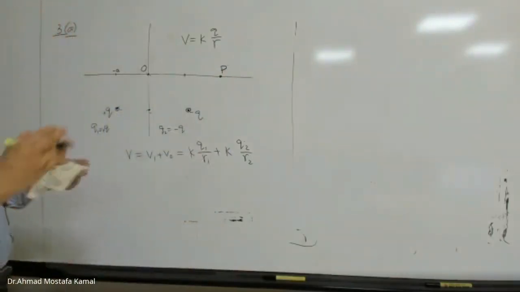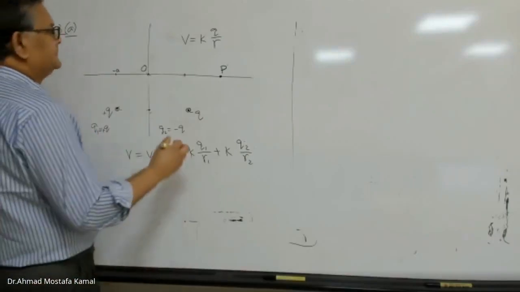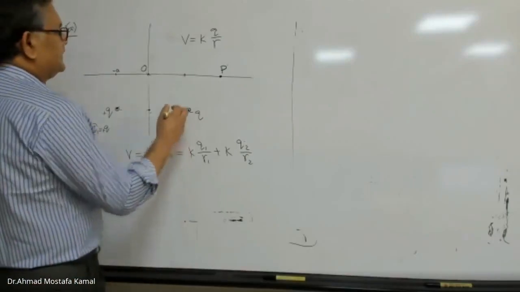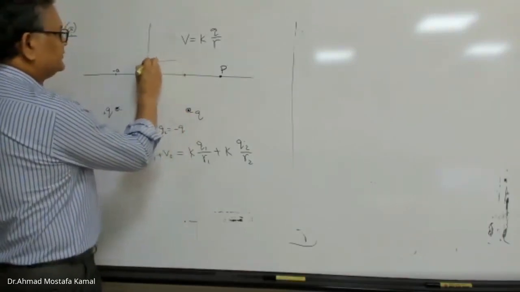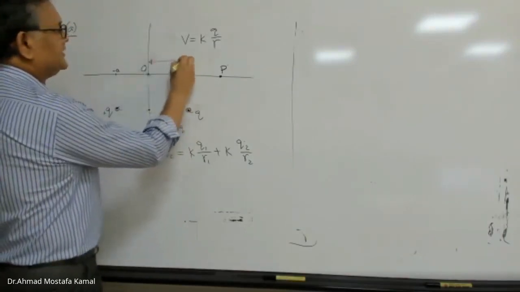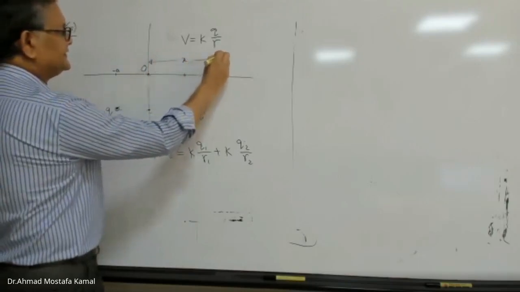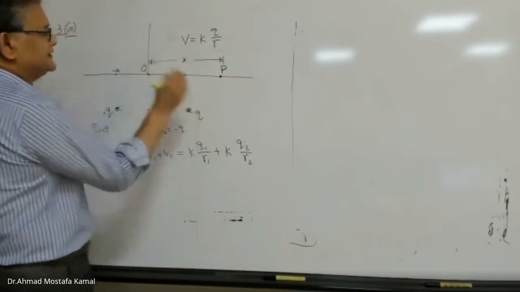So choose any point anywhere in the x-axis, and define the distance from O to P as x. Since it is x-axis, O to P is x.